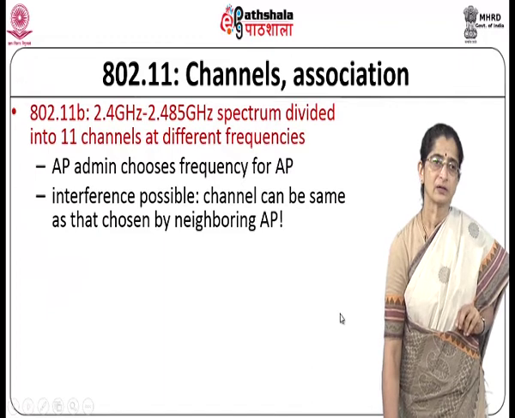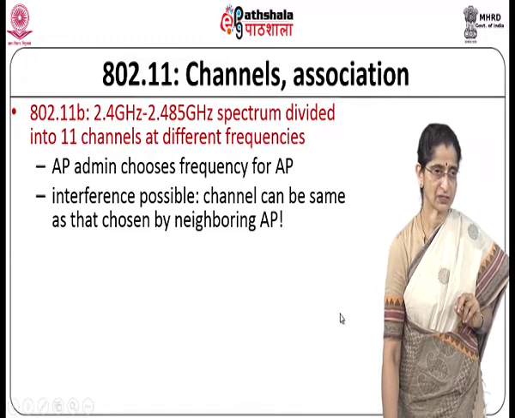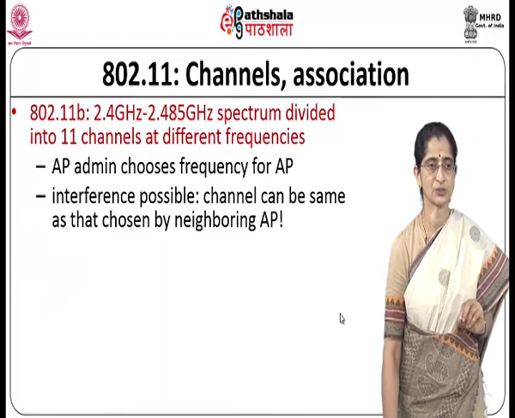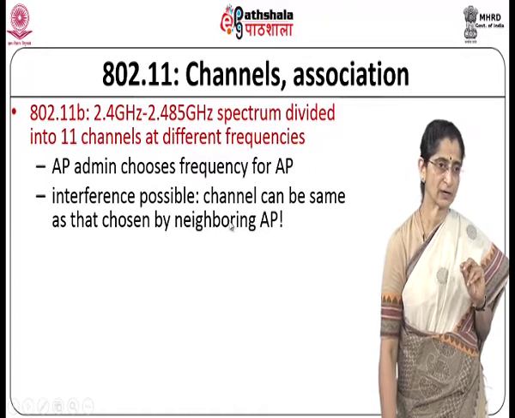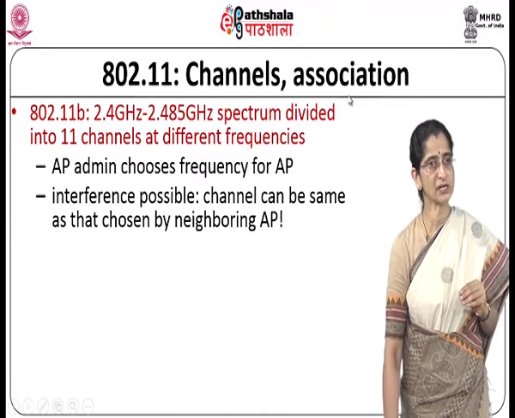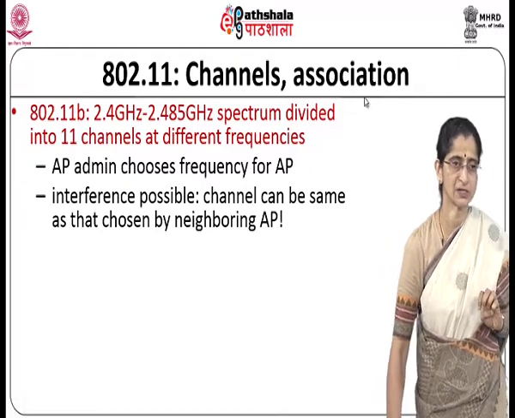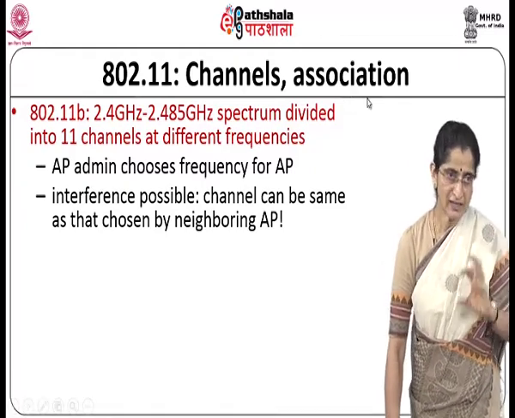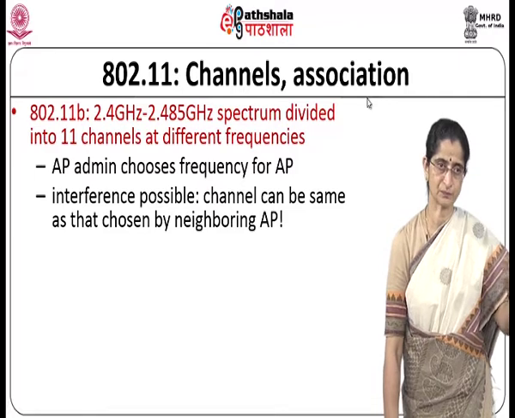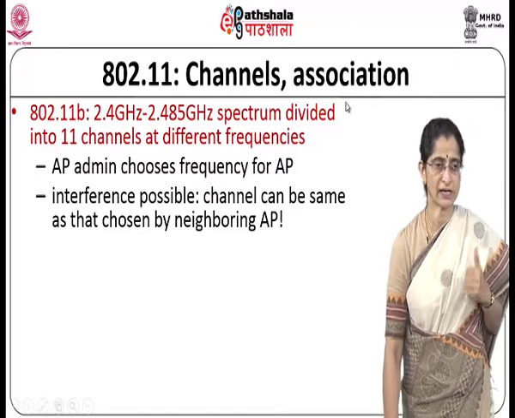Now, one of the important aspects that we need to understand here is how the association of the nodes with the access points takes place, and what channels will be available for these nodes to be able to associate with the access points.